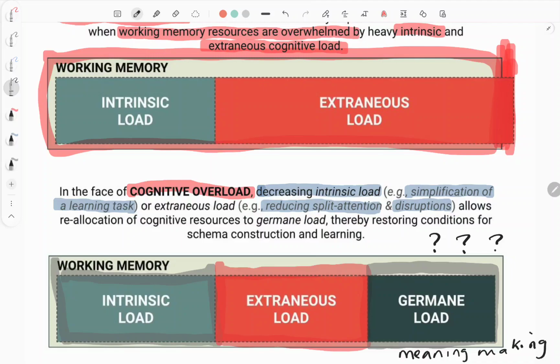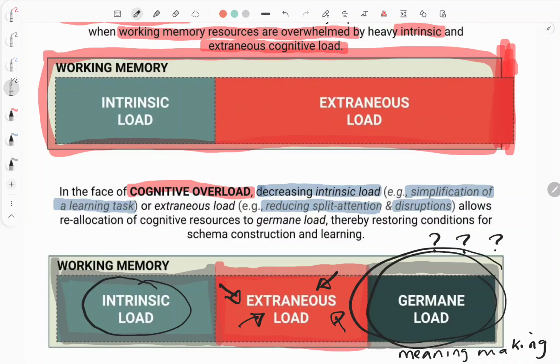And you can only do that if the intrinsic load is actually close to where they need it to be, and you've reduced the extraneous load by making sure that your materials are well designed and pushing the learner to the task that they've got to do, so that when they're doing that task, they can actually think about it and make meaning about it.